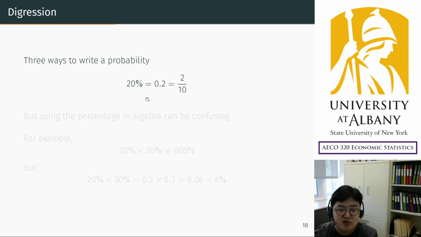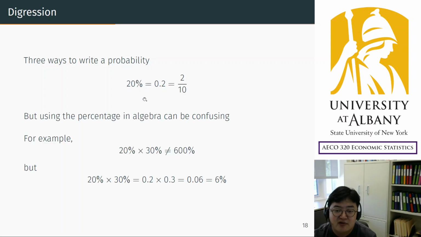So if I say probability is 20%, or 0.2, or 2/10, that's basically the same thing. However, I do not recommend you use percentage, which is maybe the most common way to describe probability, because when you do algebra, it may confuse you.